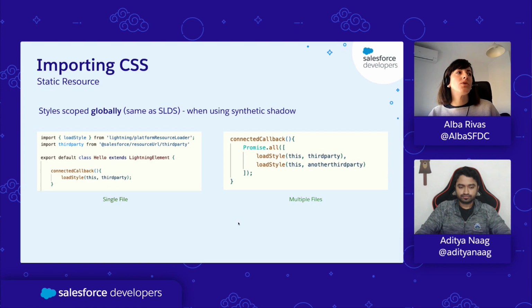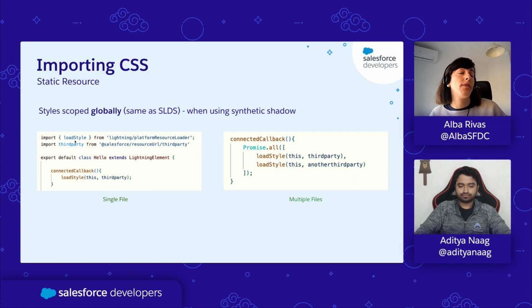With the static resource approach, you create a CSS static resource, create your styles there in a CSS file that you upload to your org, and then you can use a module called platformResourceLoader to load your styles into your component or your page.